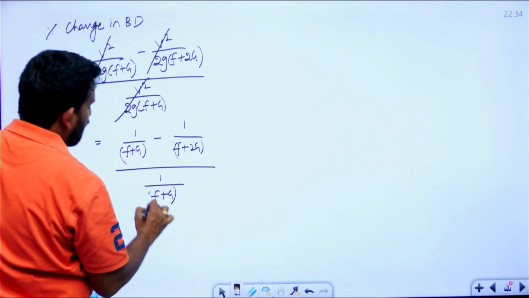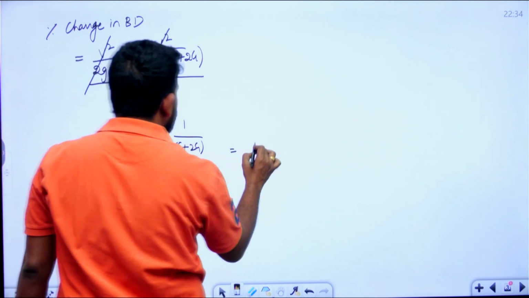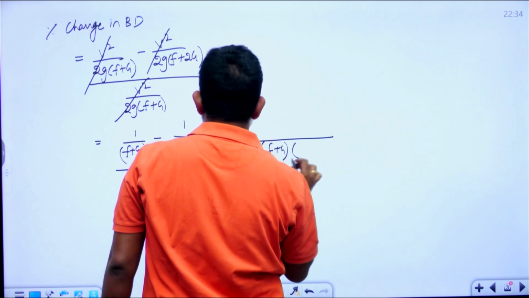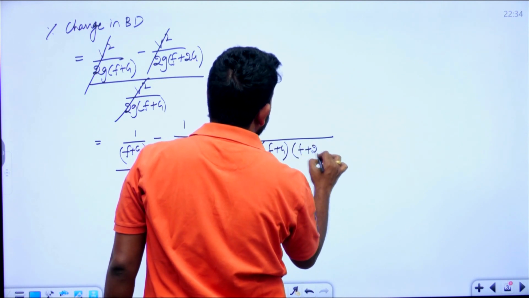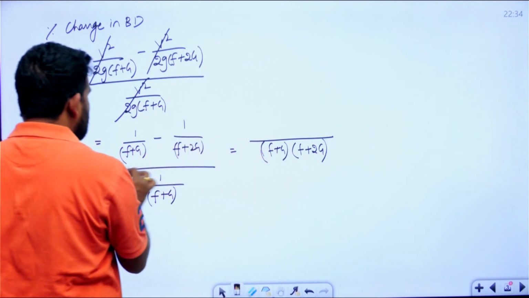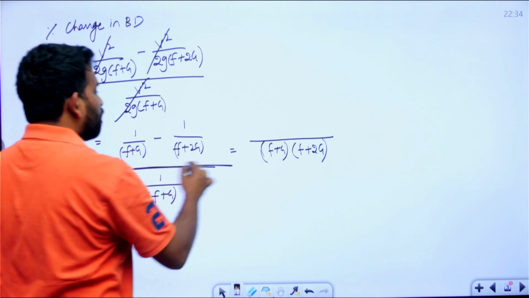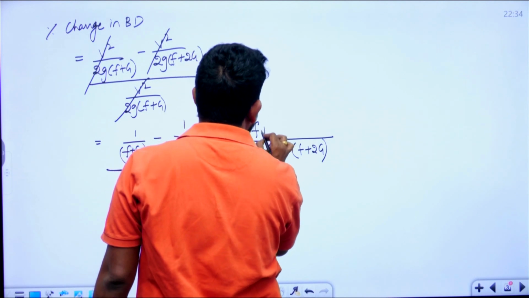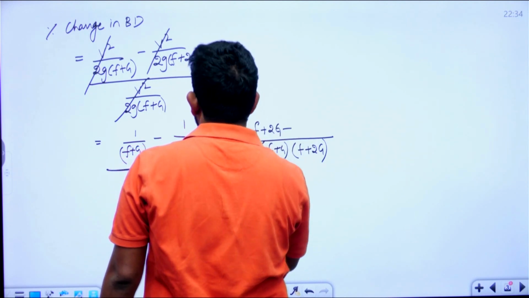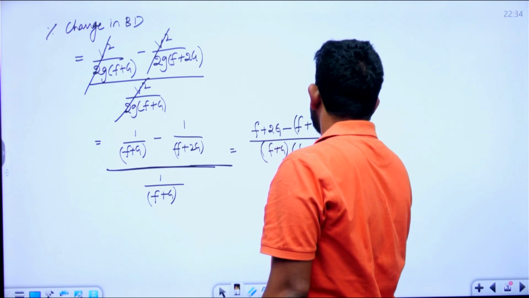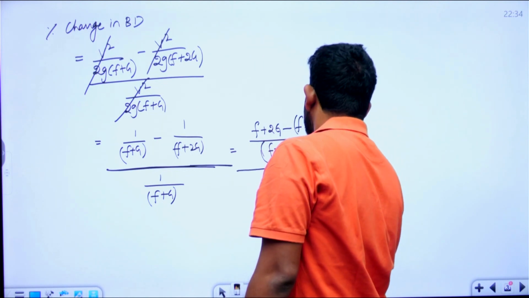Now I am taking the LCM here, which comes out to be (f plus g) into (f plus 2g). So (f plus 2g) minus (f plus g) remains in the numerator, upon 1 by (f plus g).